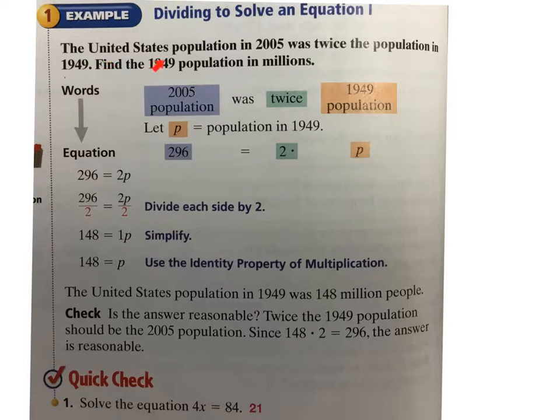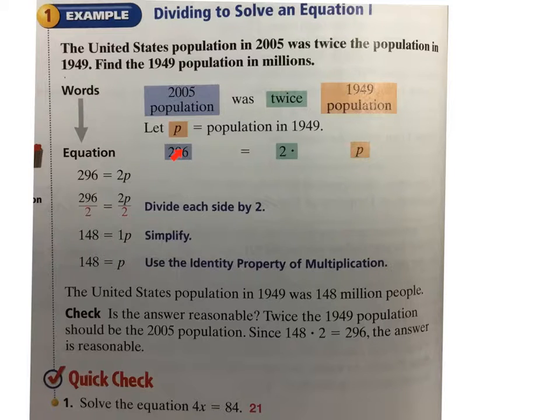The United States population in 2005 was twice the population in 1949. Find the 1949 population in millions. So if P is the population in 1949, and we know that it was 296 million, right? And this comes off that chart in your book.